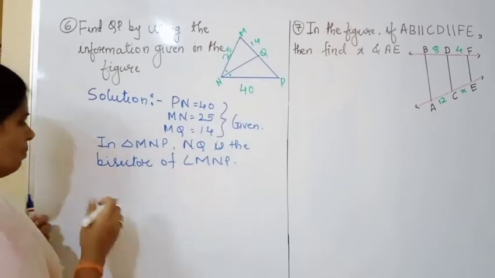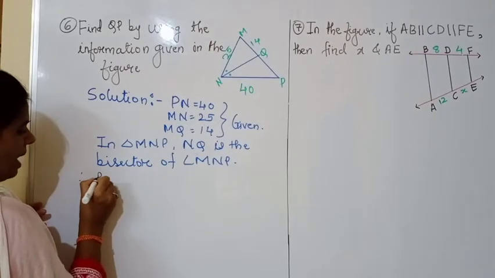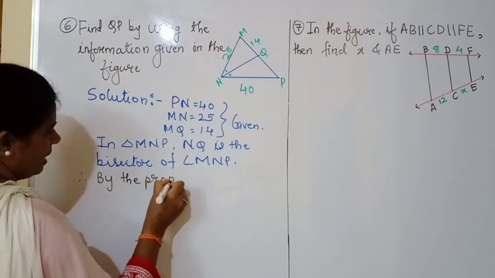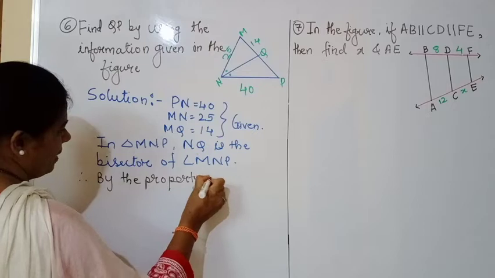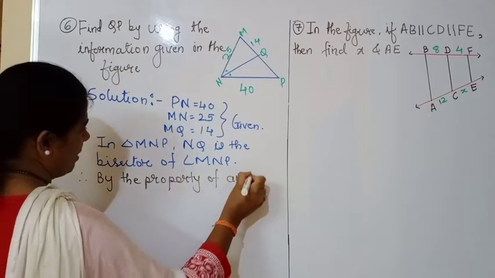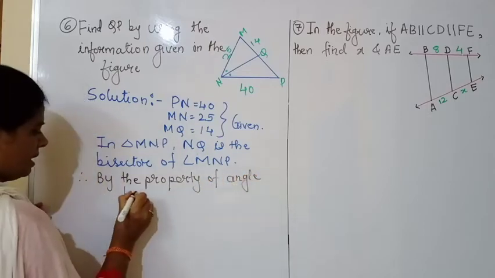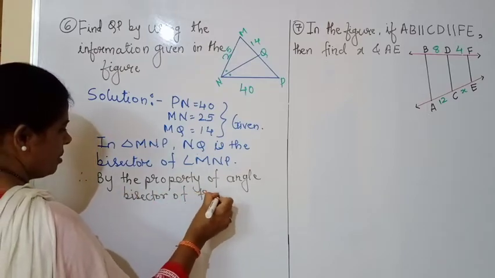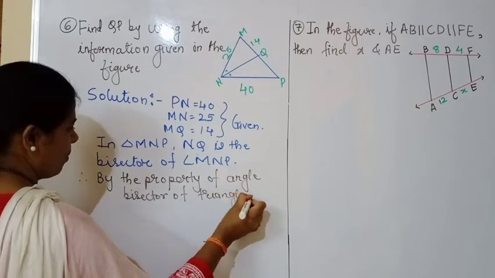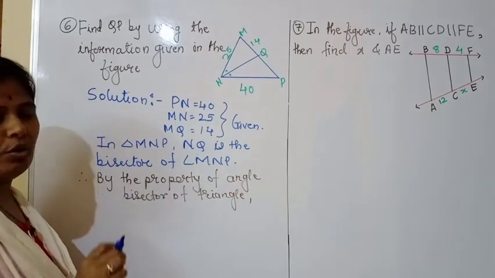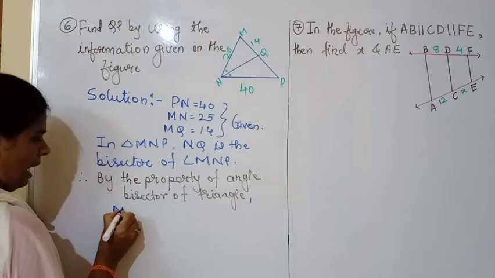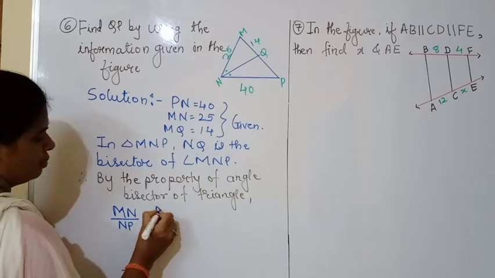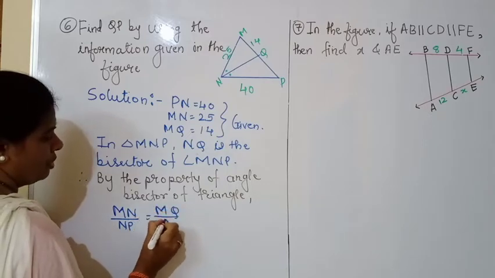Now we will use the property. Therefore, by the property of the angle bisector of a triangle, we write the ratio: MN upon NP is equal to NQ upon QP.